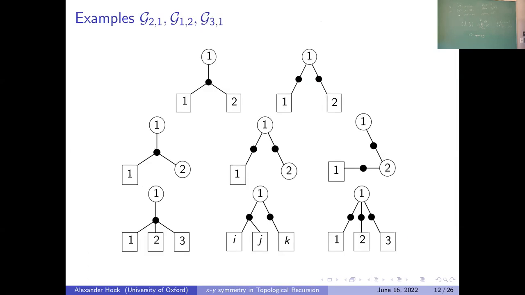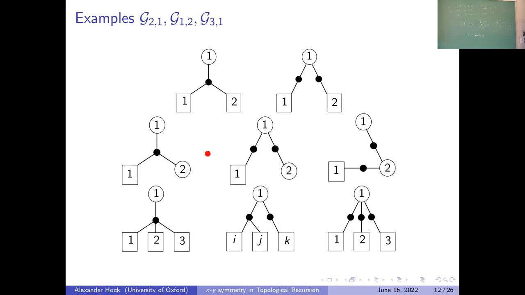Here, some examples. So the set G21. So it has 2 white square vertices and 1 white round vertex. So you have either this case where you have 1 black vertex or 2 black vertices. Or the set G12, where you have 1 square vertex and 2 white round vertices.